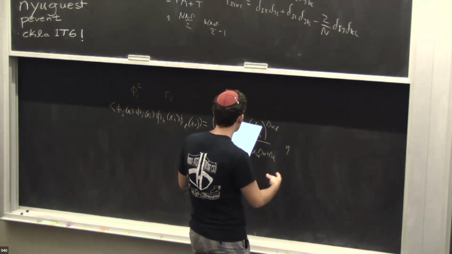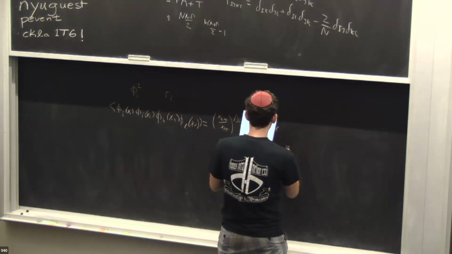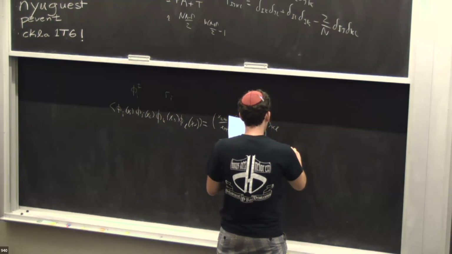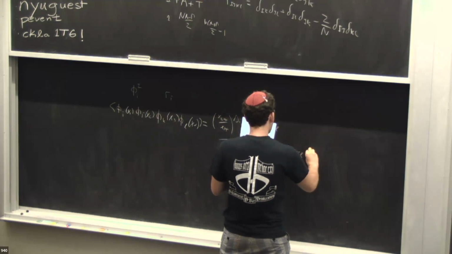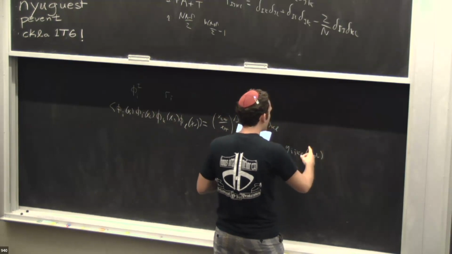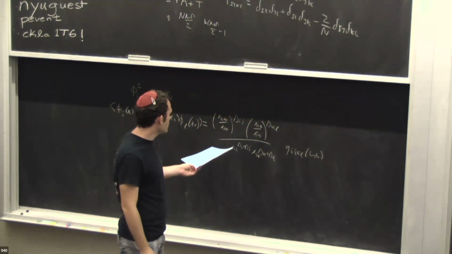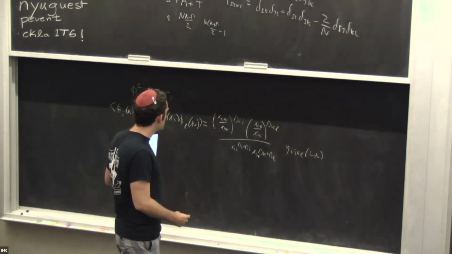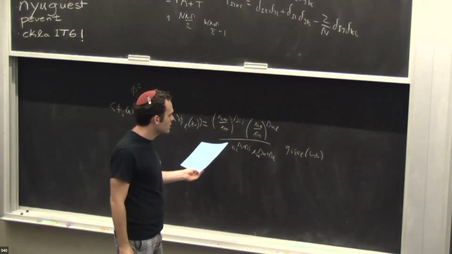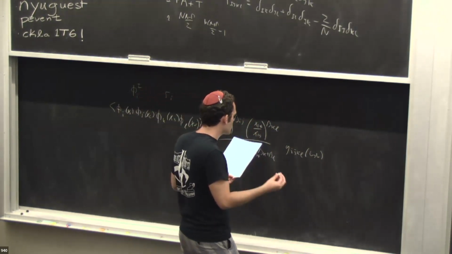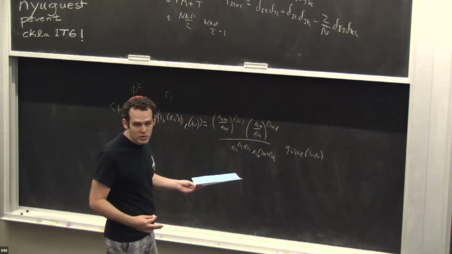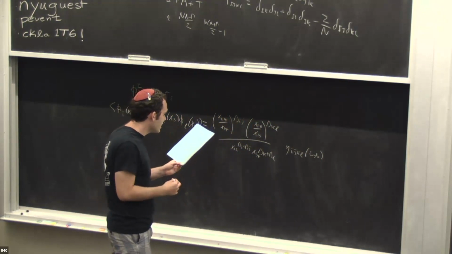Just translations, rotations, scalings, special conformal transformations. And then the remaining function, which we label by g_ijkl, is just any function of u and v, where u and v are the usual conformal cross ratios. And so this is the generalization of how conformal symmetry fixes the identical 4-point function. Of course, there will also be some tensor structure, which we are suppressing, which would take into account the various global symmetry indices.